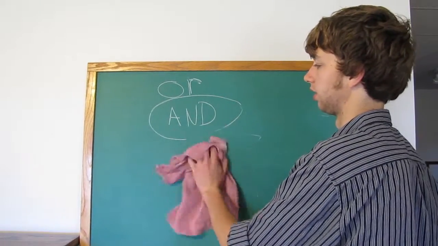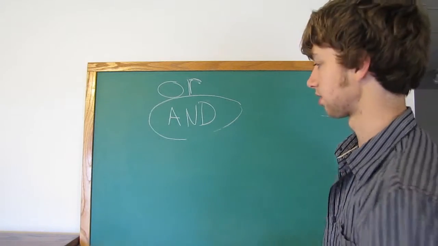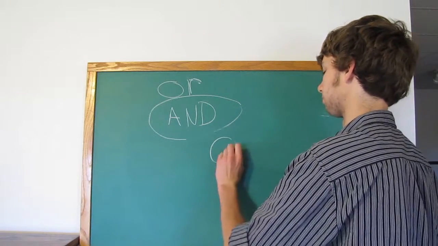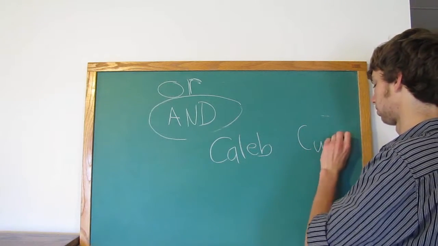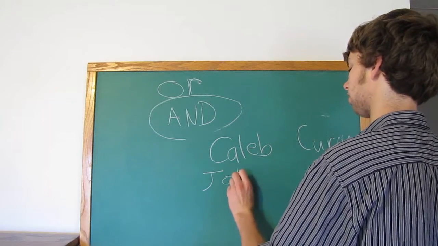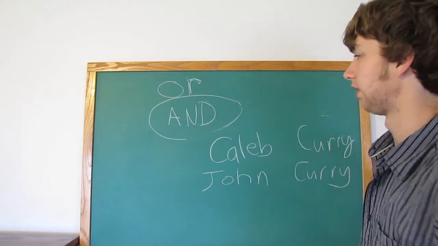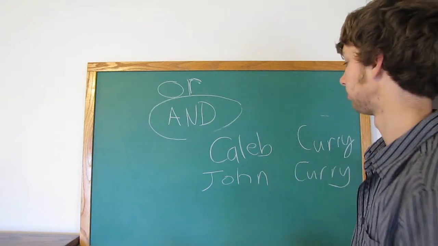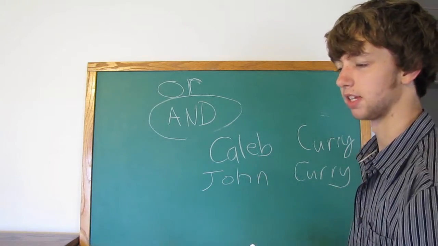Now, or, on the other hand, is where either one can be true. So, first name Caleb, last name Curry. Now, if we have somebody, John Curry, and we use or, the first name is Caleb, or the last name is Curry.